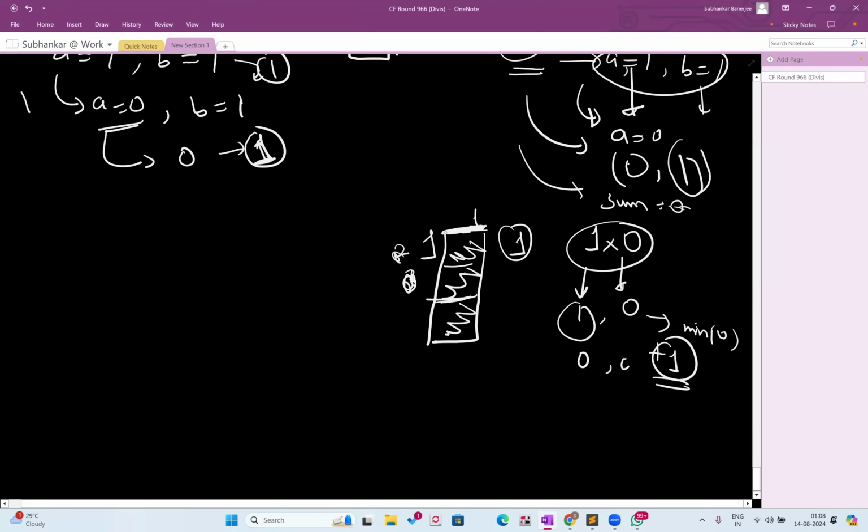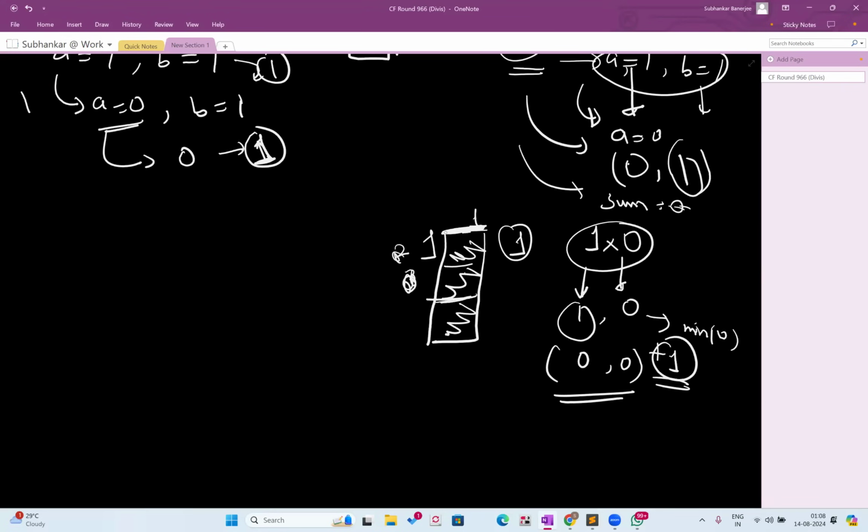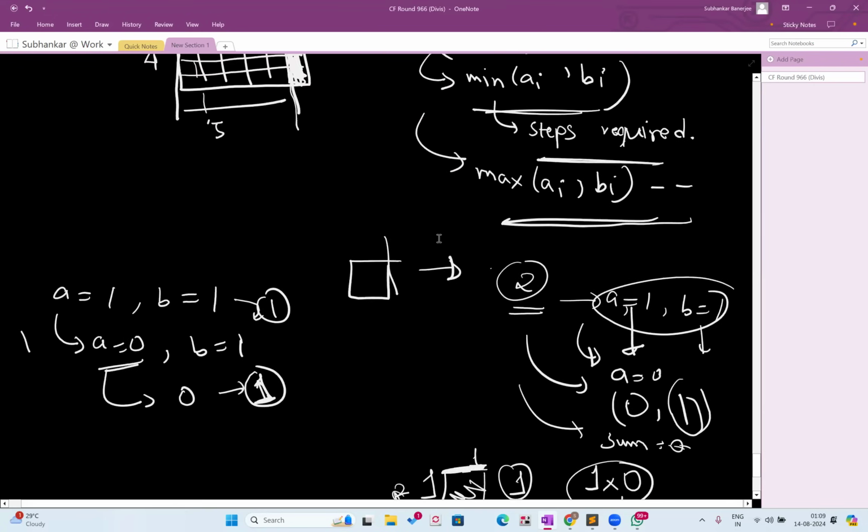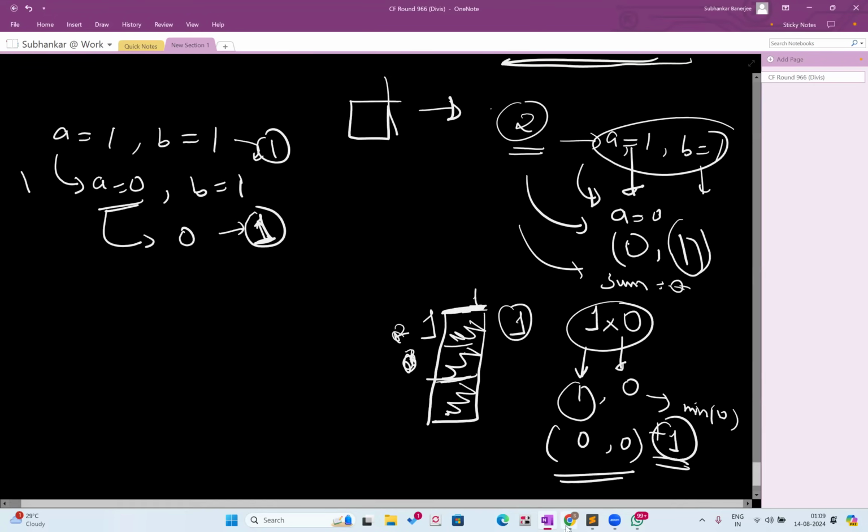So after that both become 0 and I have to just exit. Did you get that? Yeah, with 0 cost I am getting 1. Actually I am getting 2 from 1 cost only, but I am just doing it in an extra step, that with 1 cost I am getting 1 and after that 0 cost I am getting another 1. Okay, okay.